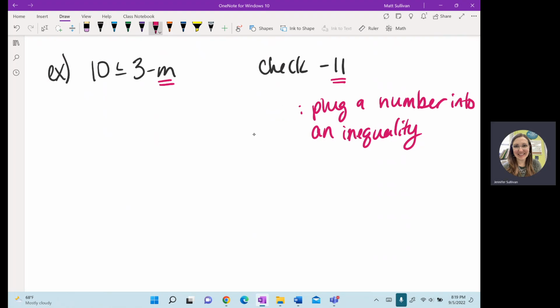Let me try this again. There we go. Substitution, super important word. Whenever we are doing substitution, I absolutely require that you put parentheses around the number as you plug it in, especially if there is a negative sign.